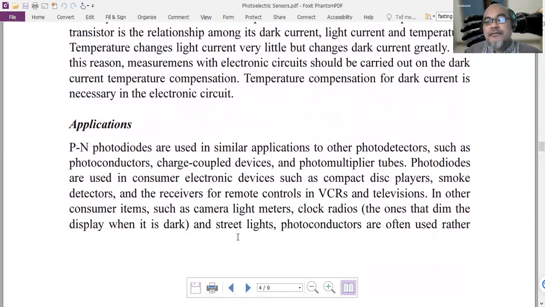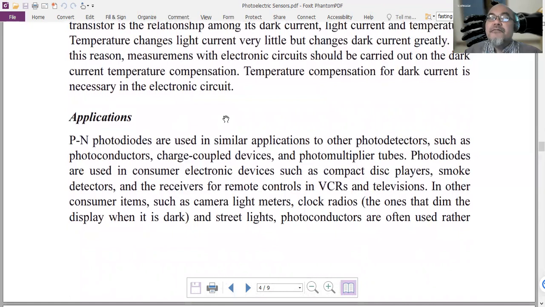Since we need to detect light in many different applications, PN photodiodes and phototransistors are being used in many devices.